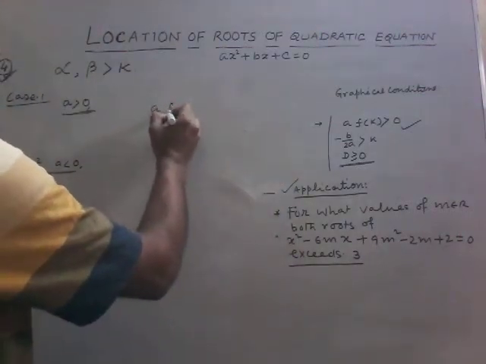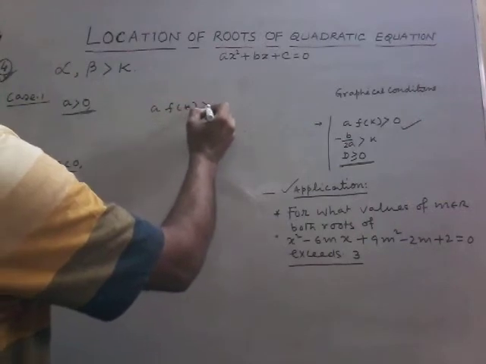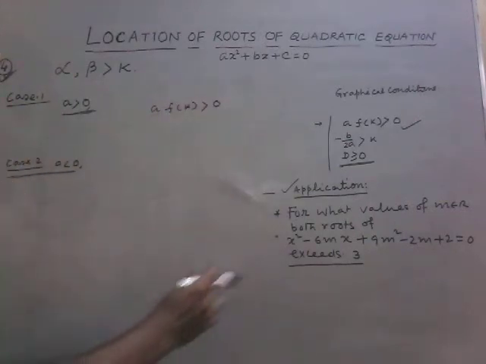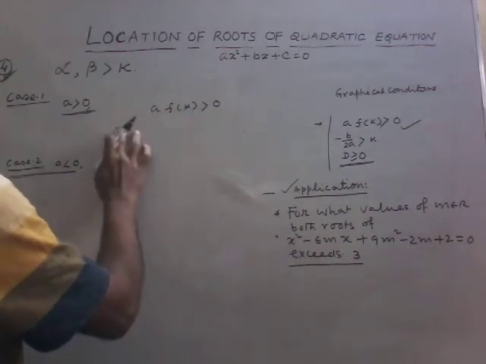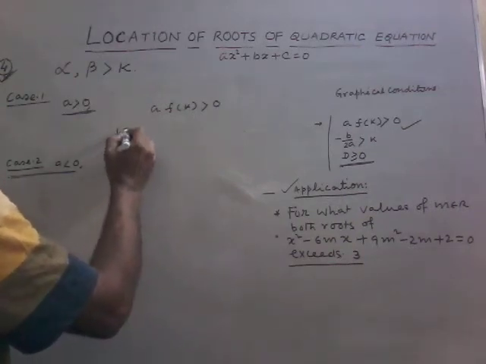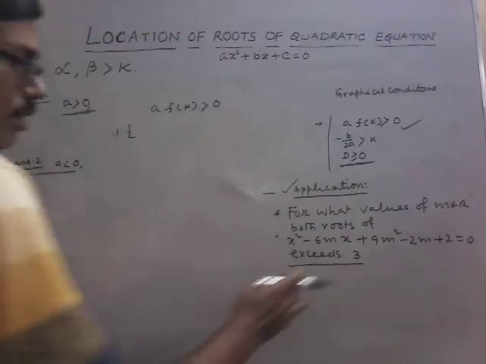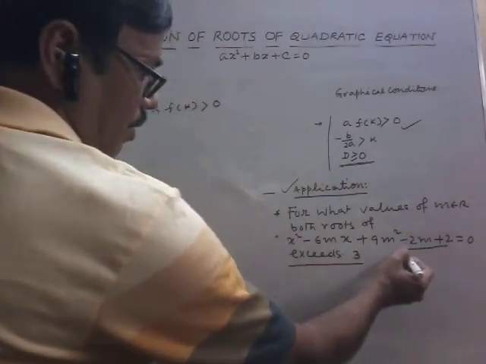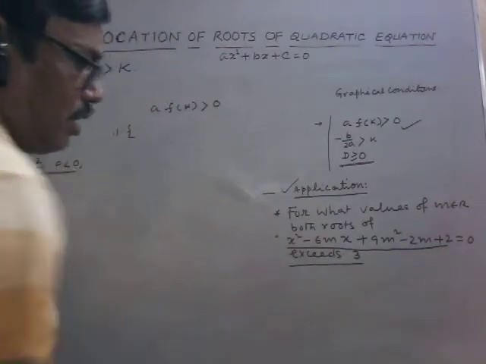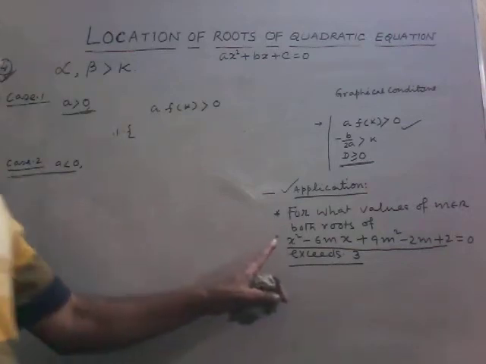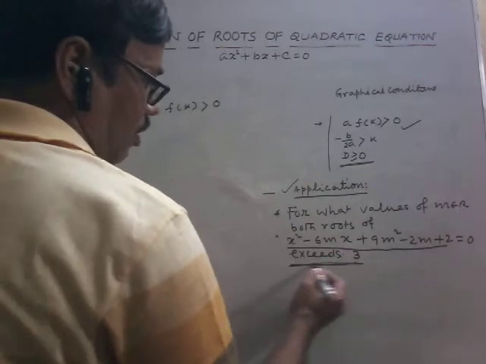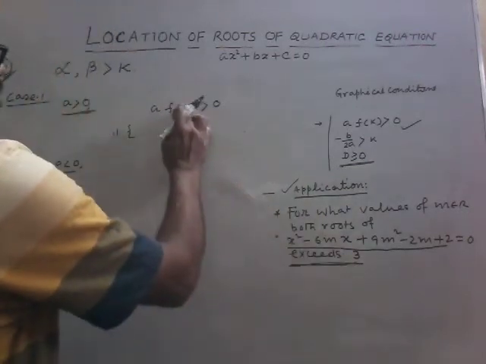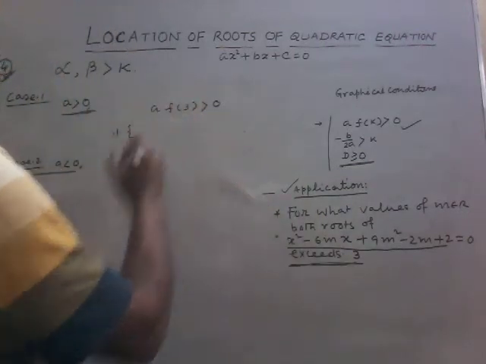First, a into f(k) greater than 0. What is a? A is 1. So 1 into f(k), where this is f(x), and x is replaced by 3, since k equals 3. So a into f(3) greater than 0.